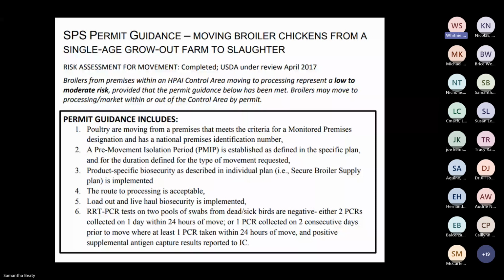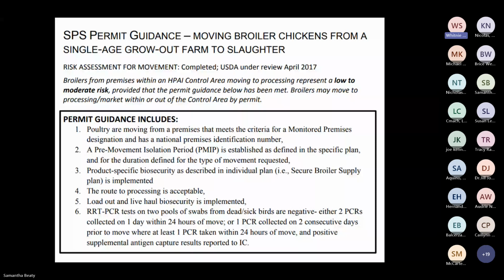So this is just a snapshot of the guidance. If you were to pull this document from the website, it would be much longer. You could go down and see all the specific outlined biosecurity things you're supposed to do specifically for broilers. We would also want to make sure that the route of transportation is acceptable. It's not going to be putting other facilities or premises at risk.